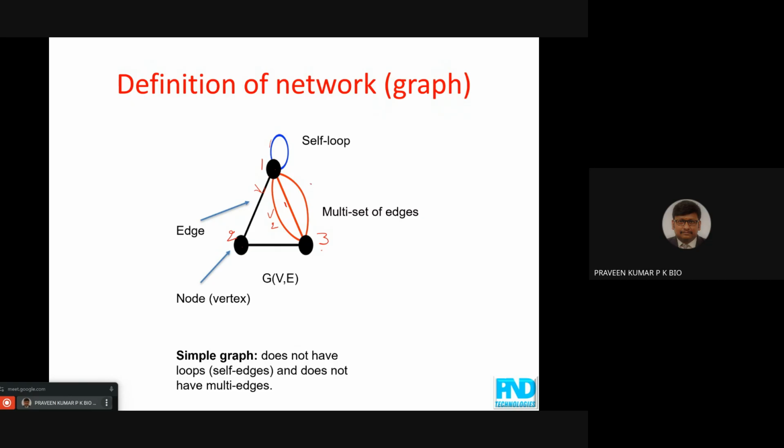But this third one has a lengthy edge, so this is third. But if you want to go from one place to another, you may choose paths based on traffic or hurdles, like you see in Google Maps. Sometimes you won't prefer to follow the shortest path.